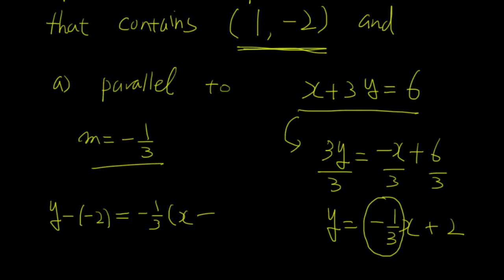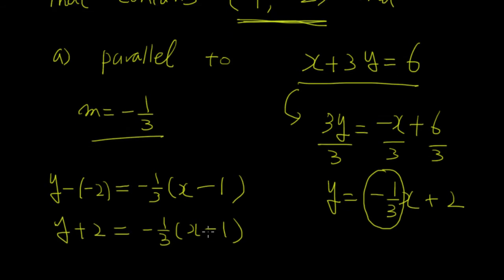Oops. x1 should be 1. Okay. So let's simplify. This would be y, double negative becomes plus 2, equal -1/3 times x minus 1.